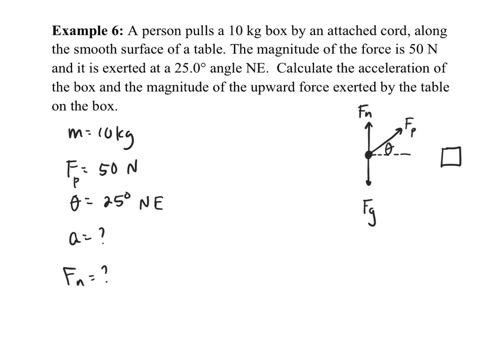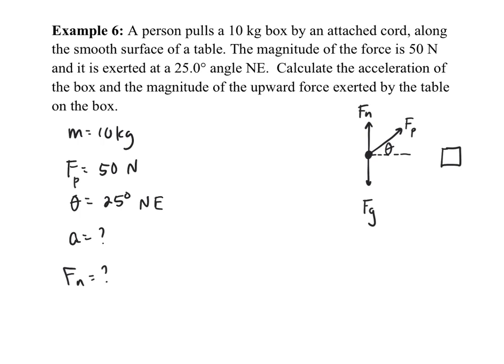I want to point out that some problems will have a rope and there is tension involved, but I can just label this FP because the pull that I exert on the object is physically acting directly on it. So whether I call this FT or FP, it's the same thing as a problem. Later though, we're going to see where we want to call it FT for a specific reason.